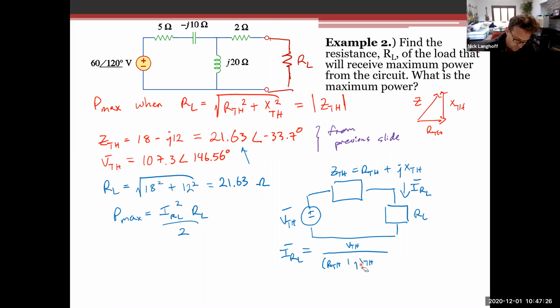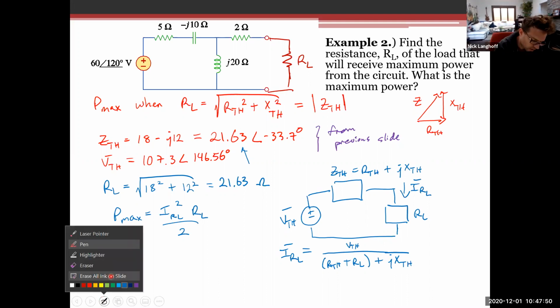In fact, let's just group the real parts together, right? So this will be R Thevenin plus RL plus JX Thevenin. Then what you want to do is find the magnitude of this.